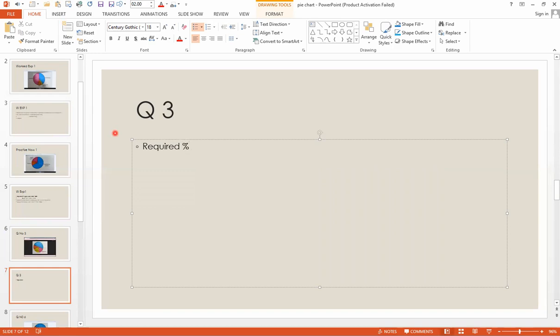So required percentage is equal to newspaper divided by total revenue earned by different sources. And always remember you have to multiply it by 100%. Clear?